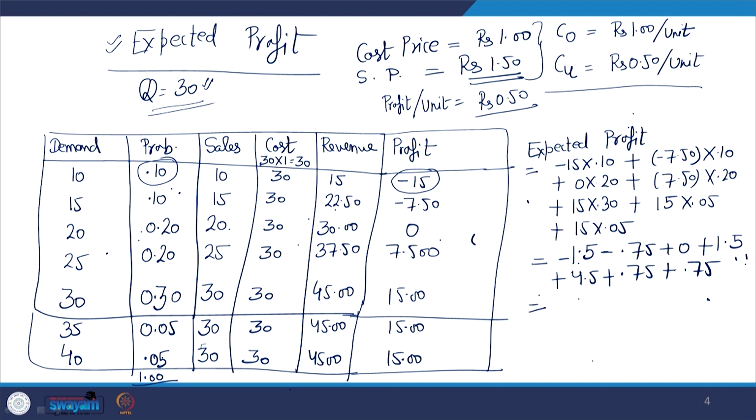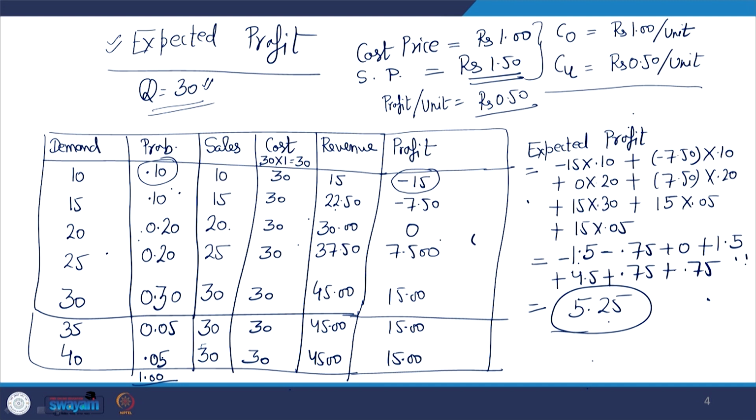So, in all the value is 0.75 plus 0.75 plus 4.5 plus 1.5 equals 7.5, minus 1.5, minus 0.75. So, it comes to 5.25. So, this 5.25 is the expected profit if I am stocking 30 newspapers. If I am stocking 30 newspapers, my expected profit is 5 rupees 25 paisa.